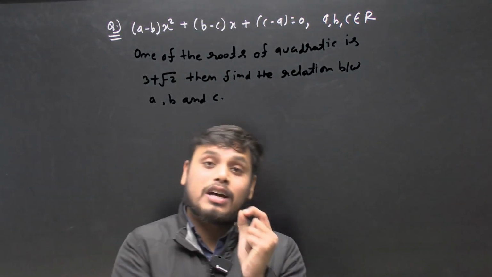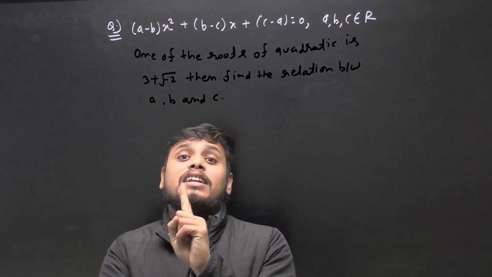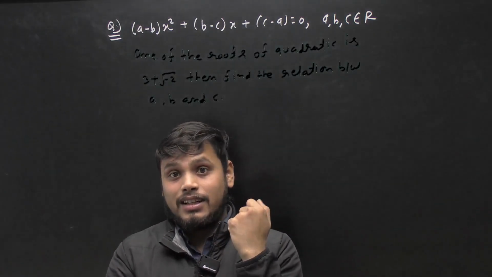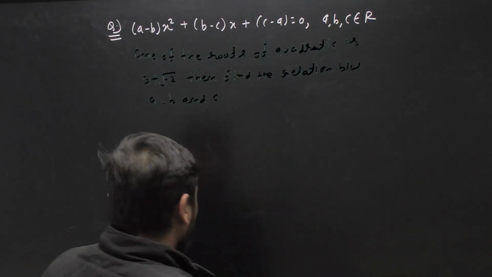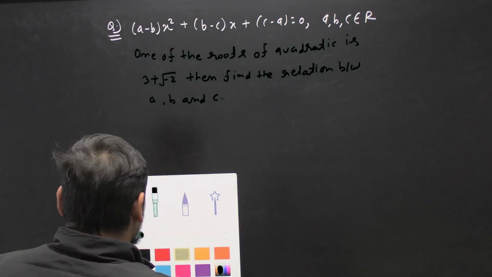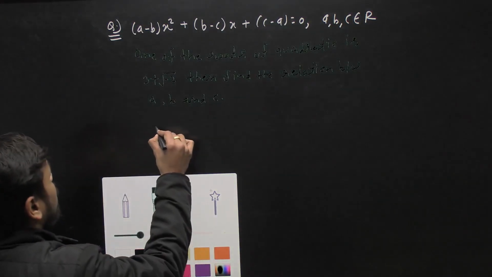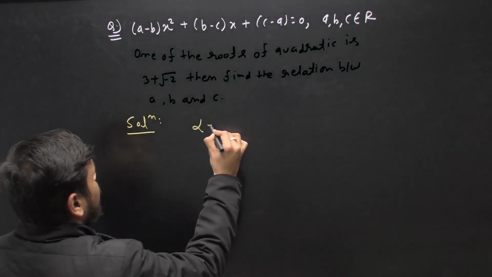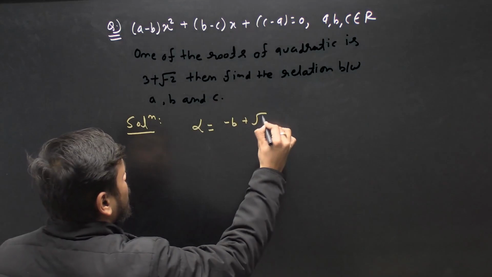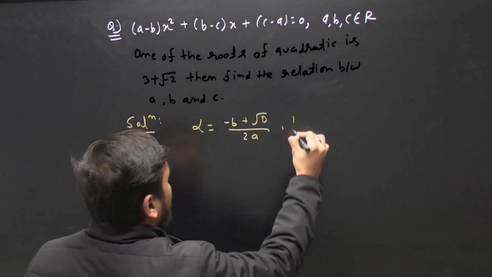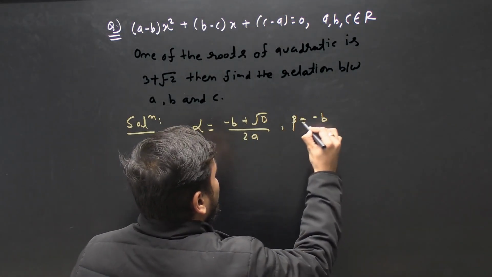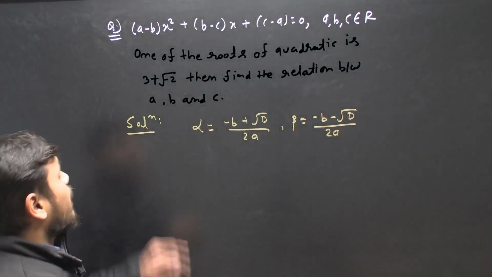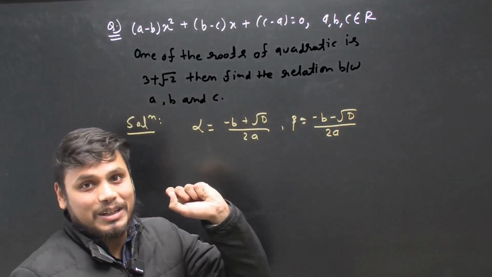So if all the coefficients are real, then imaginary roots should appear in pairs, like roots should be conjugate, because we have read the formula for the roots of a quadratic: alpha = (−b + √D)/2a, beta = (−b − √D)/2a.